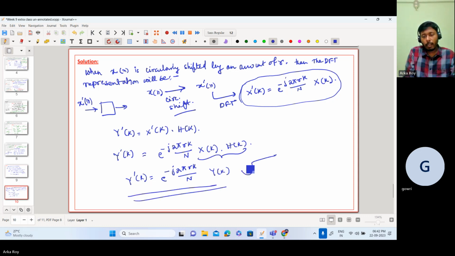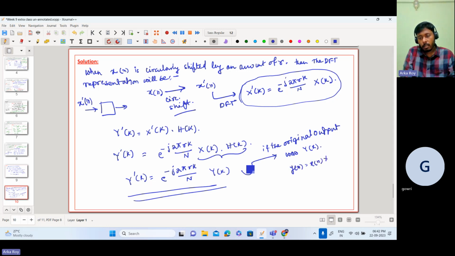So now if the original output was Y(k), as y(n) equals x(n) circular convolution with h(n), and if I take a circular shift of y(n), it will be the same as what Y(k) is yielding.